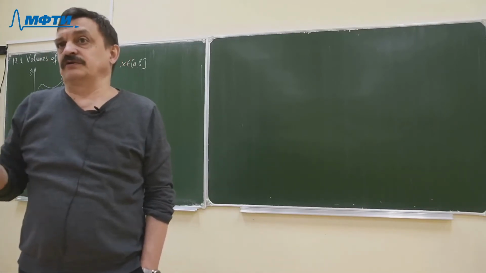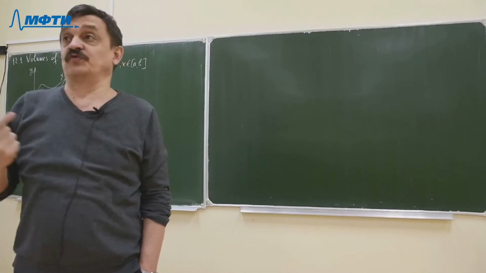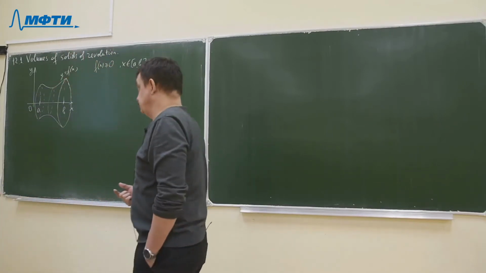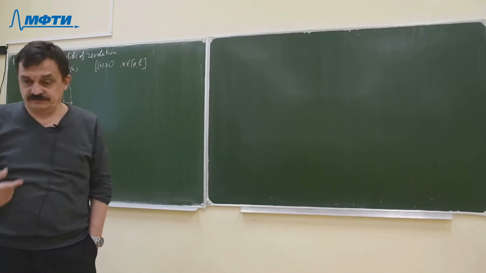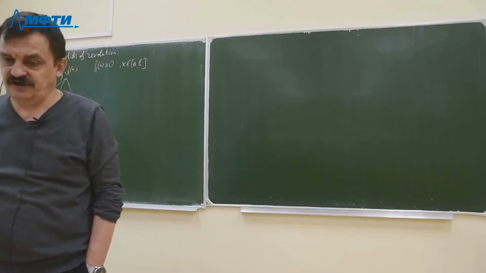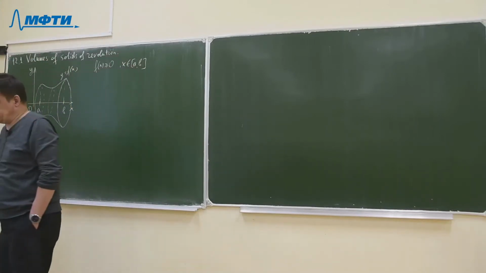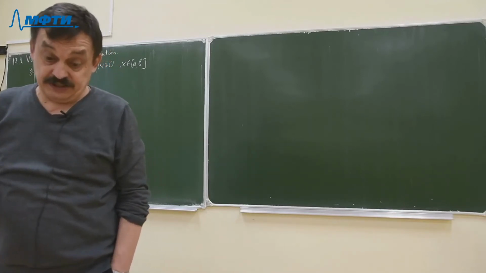I don't want to go deeply into the question, what is volume? We'll consider it in more detail during next semester. There will be a multivariable calculus course, and we'll consider that question in more detail.